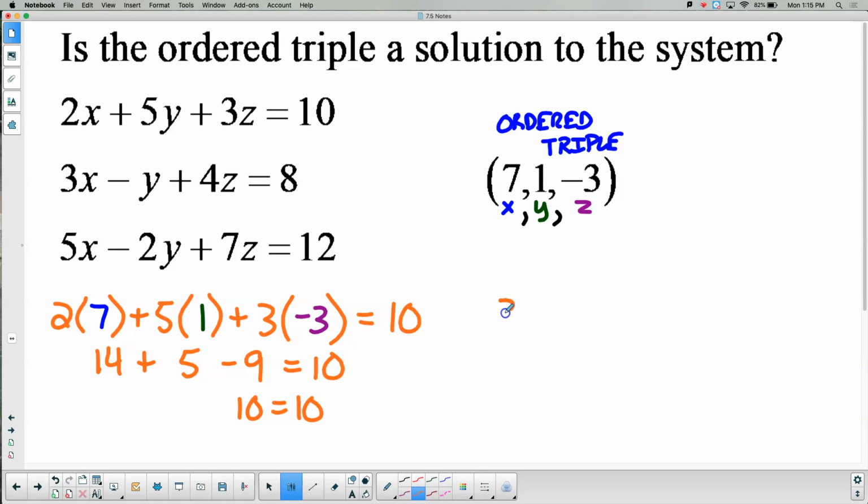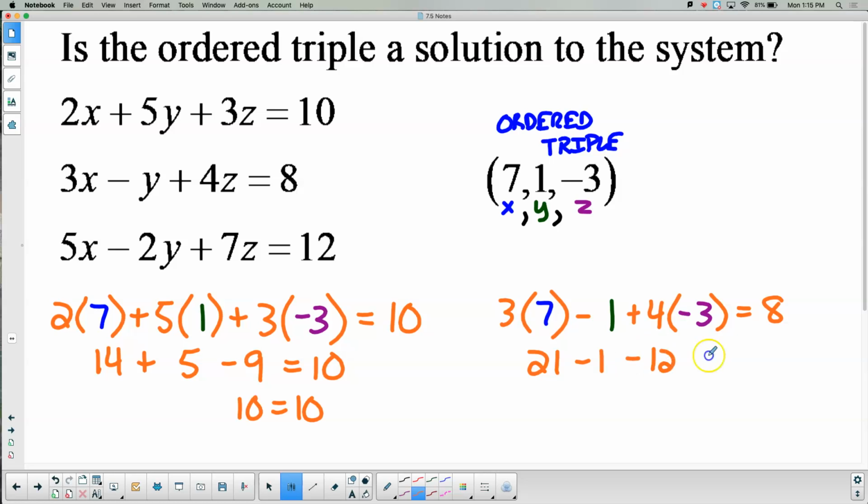We'd have 3 times x minus y plus 4 times z, and that's got to be 8. 21 minus 1 is 20. 4 times negative 3 is negative 12. 20 minus 12 is 8. 8 is equal to 8. So it works out in that one.